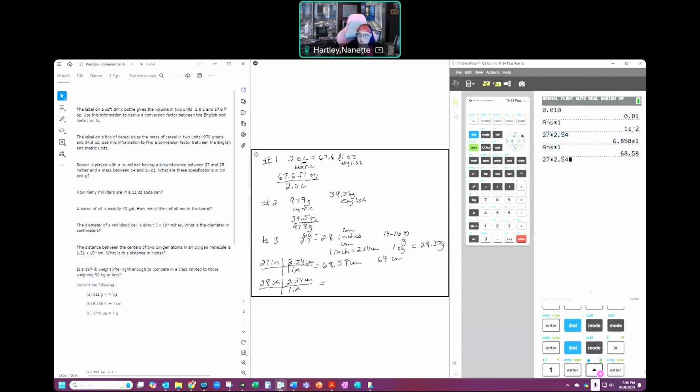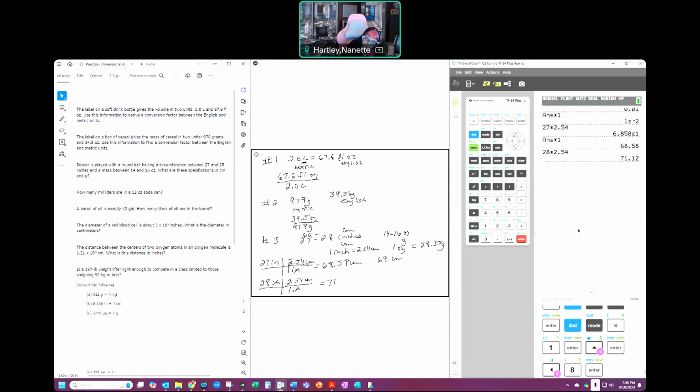And rather than using the 27, I want to change that to 28. So I go in, I change that to 28, and I hit enter. And that gives me 71.12 centimeters. Again, 2 sig figs in this 28. So I'm going to report this as 71. So 69 to 71 centimeters.